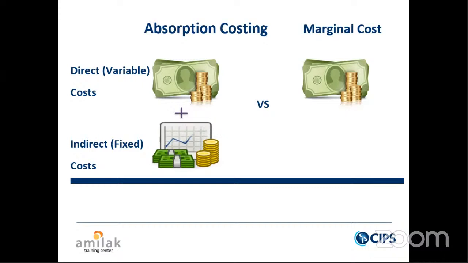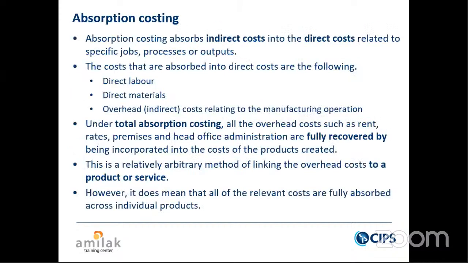Marginal cost, on the other hand, is just costing based on the direct costs of the item that you are procuring. This is the simplest way to explain the difference between the two, and I will tell you why this is important for you as a procurement practitioner to understand a little bit later. But let's carry on with the theory now.